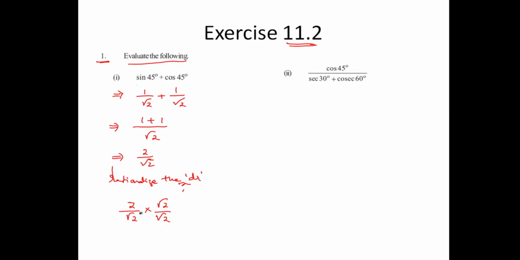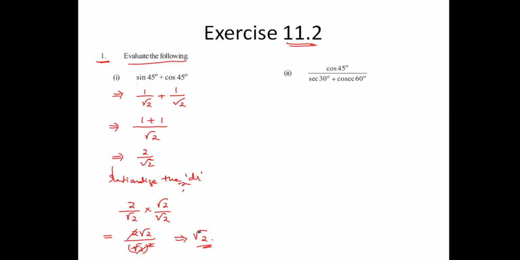So this is your rationalization. The next step, we are left with 2 root 2 by root 2 square, isn't it? The square and root are removed, and this 2 and this 2 are also removed out. So we are left with only root 2 as our answer.